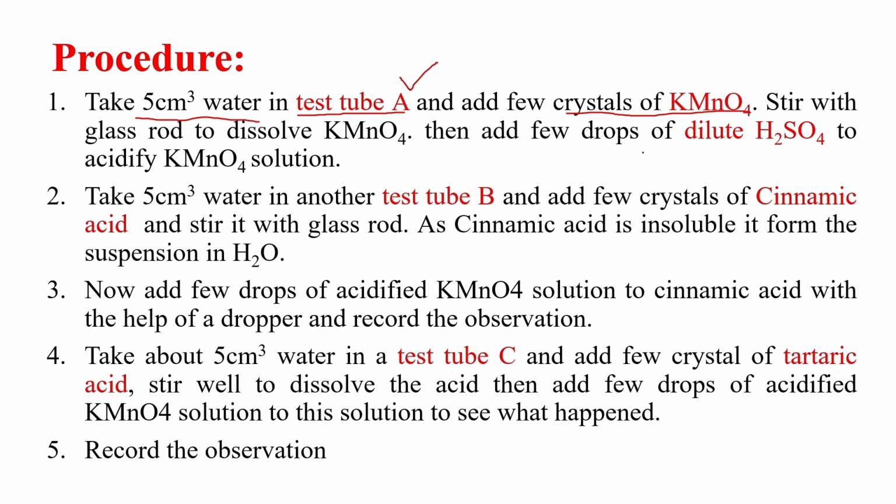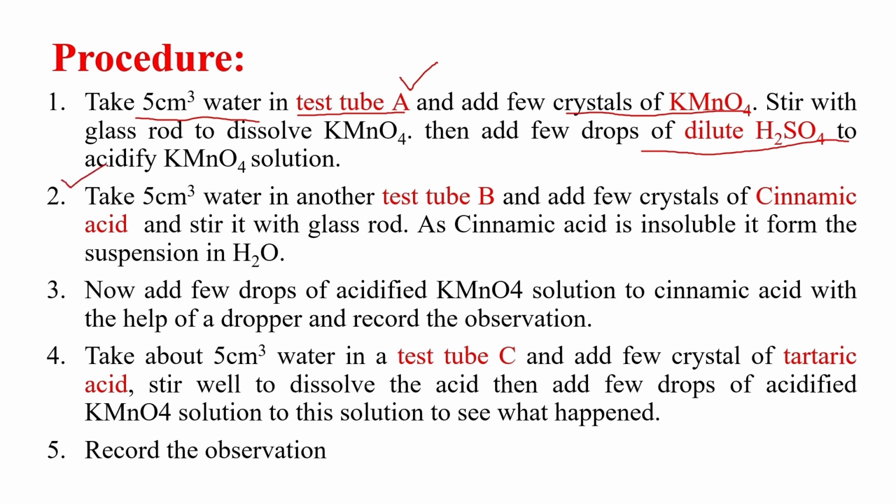At the end, we will add a few drops of sulfuric acid in test tube A. So in test tube A, we add 5 cm³ of water, a few KMnO4 crystals, and we shake or stir so they dissolve with one another. At the end, we add a few drops of sulfuric acid.